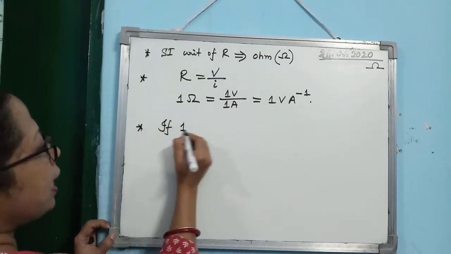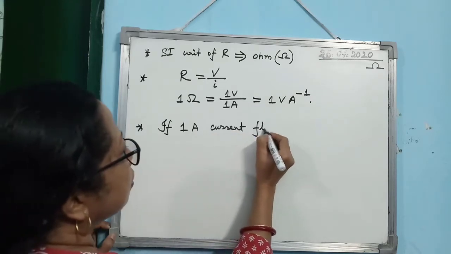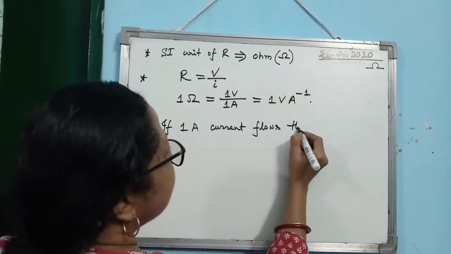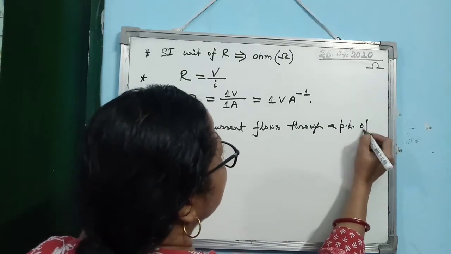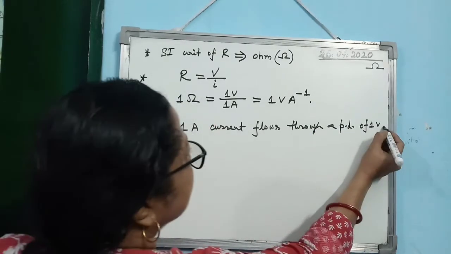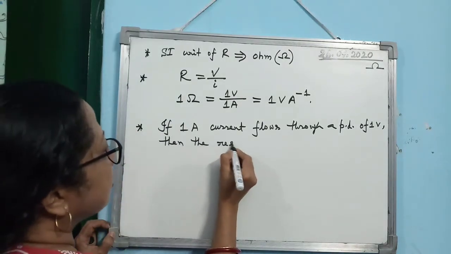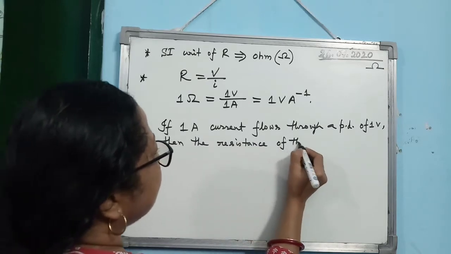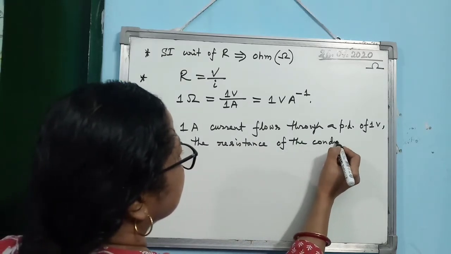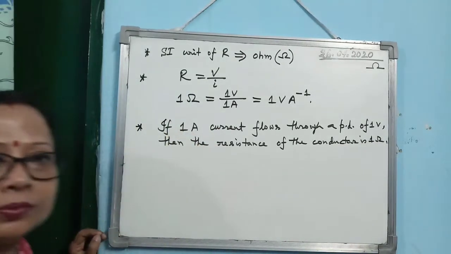If 1 amp current flows through a PD of 1 volt, then the resistance of the conductor is 1 ohm. Very simple.